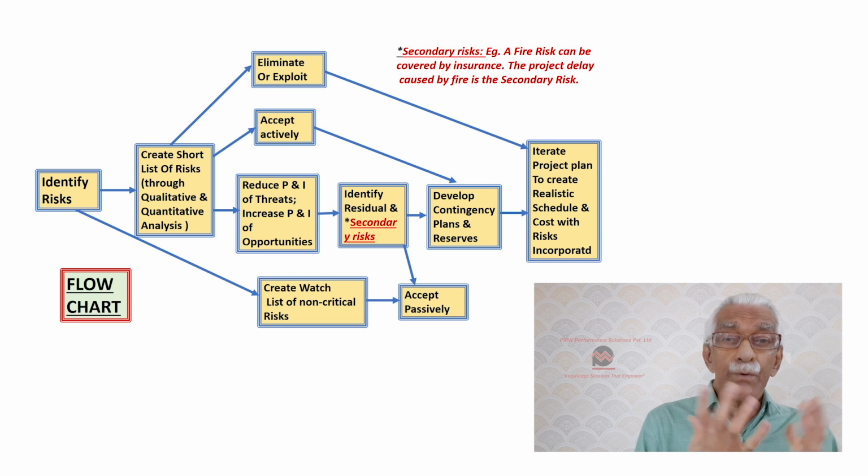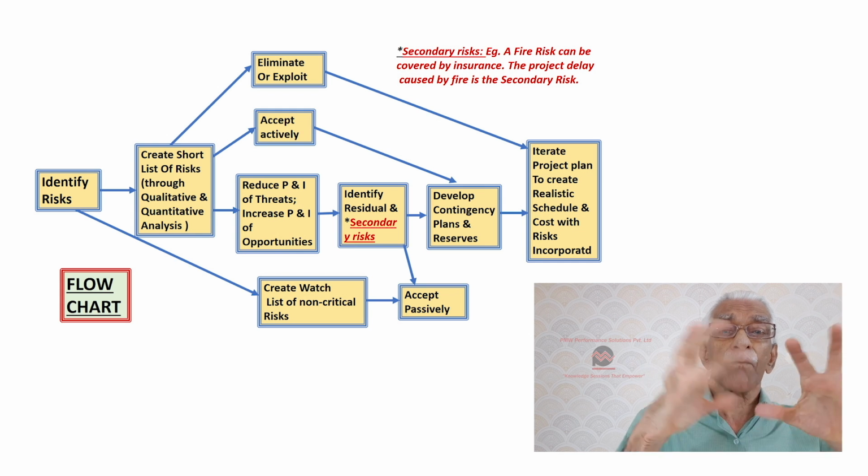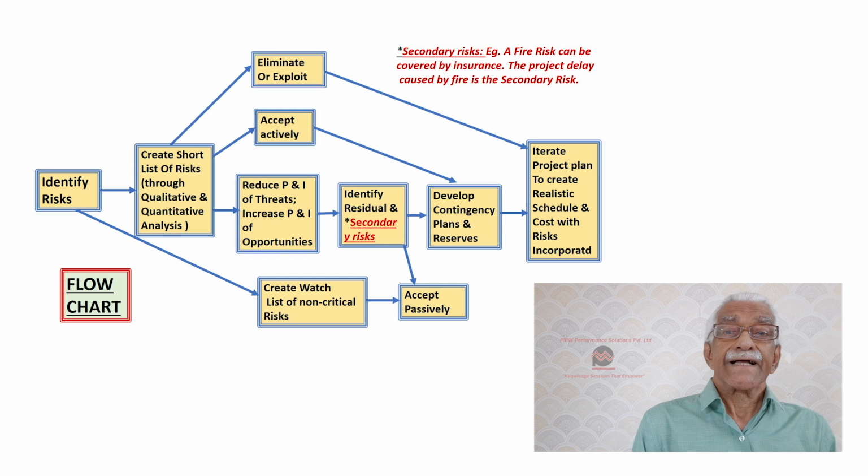So now you can see how the risk management process helps in the overall planning of the project, because now you have incorporated the risk contingencies into the schedule and the cost. So the real schedule and cost are those which have these risk contingencies added to them.